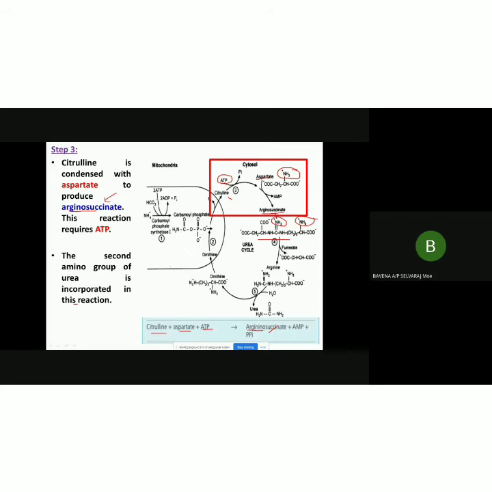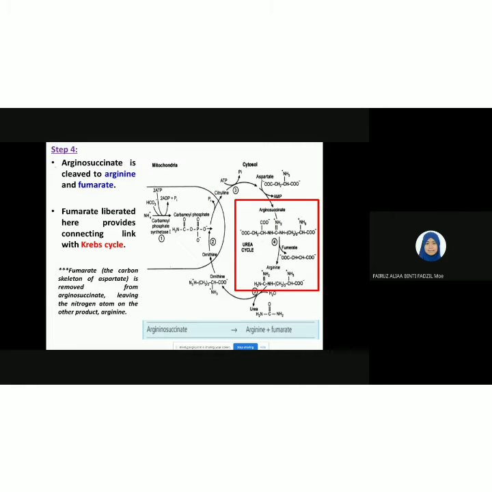Okay, teacher. Alright. Now what happens once we have the arginosuccinate? Step 4, the arginosuccinate will cleave. Cleave means it will break down, into arginine and also fumarate. So this fumarate will be liberated, which means released from the cell, or released from the cycle.